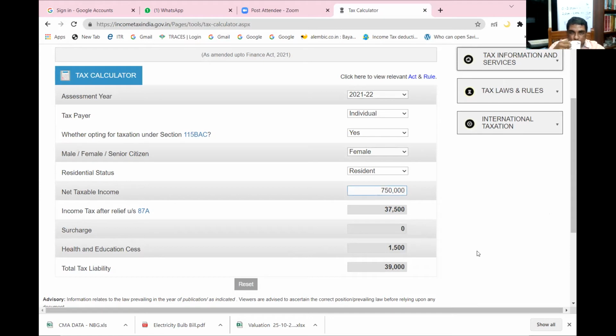Yes, sir. Because the total income under the new scheme is 7,50,000, the tax is 39,000. But under the old scheme, it is only 33,800. So on a case-to-case basis, in each case you need to check which scheme is better.